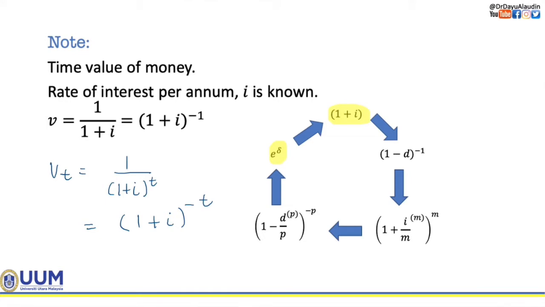So in life insurance, we use VT equal to e to the power of negative delta t. So this is for discount. This is for interest which is paid more than once a year.